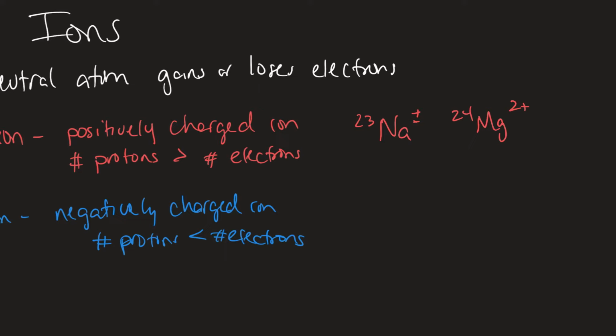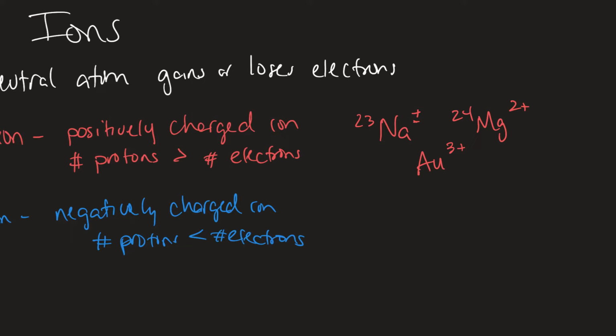Here's another example, you could have something like Au 3 plus. This ion tells us that there are 3 more protons than electrons, so this is positively charged. That's how you show a positively charged ion.